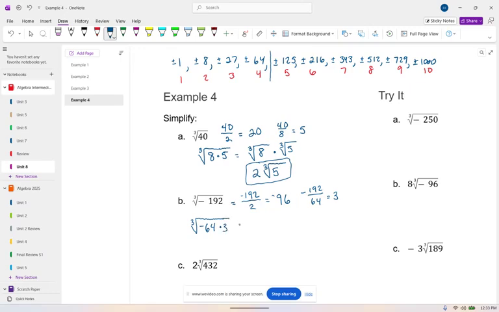The cube root of negative 64, 64 is in the fourth position, and that negative needs to come out with it. So the cube root of negative 64 is negative 4. And then we have the cube root of 3.